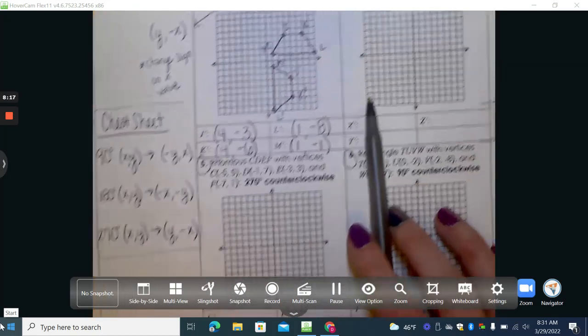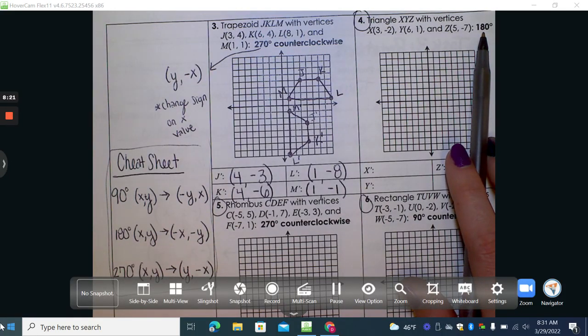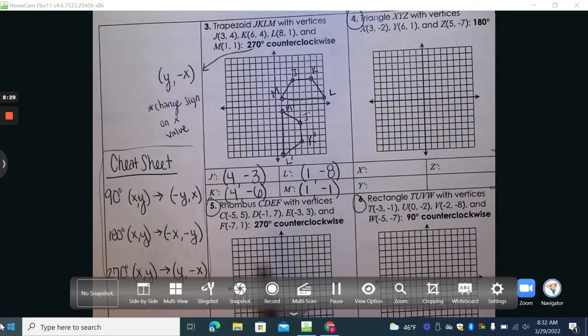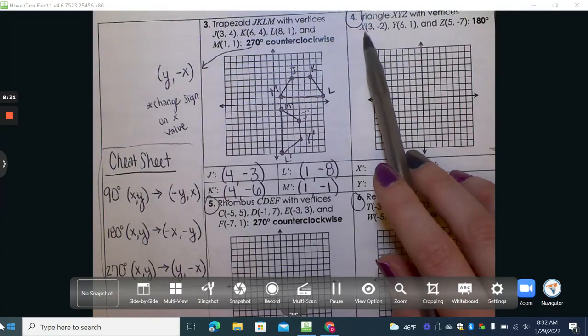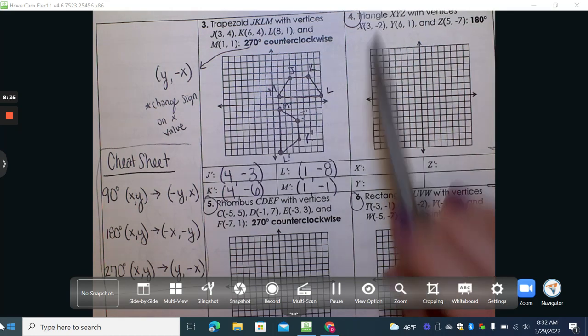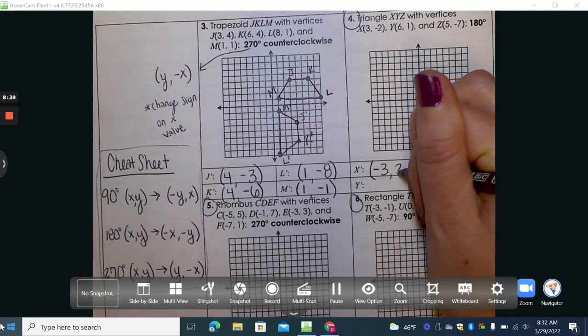So if number 4 is asking for a 180 degree turn, I know that my 180 degree turn, I just have to change both of my signs on my X and my Y. I'm not flipping them around, I'm just changing their sign. So if my X is 3, -2, my X prime is -3, +2.